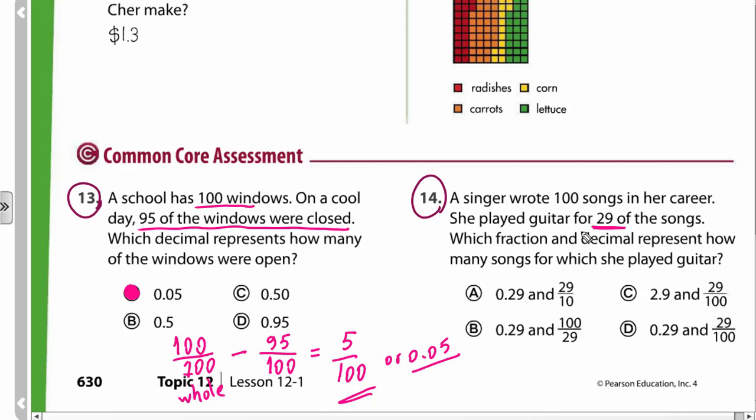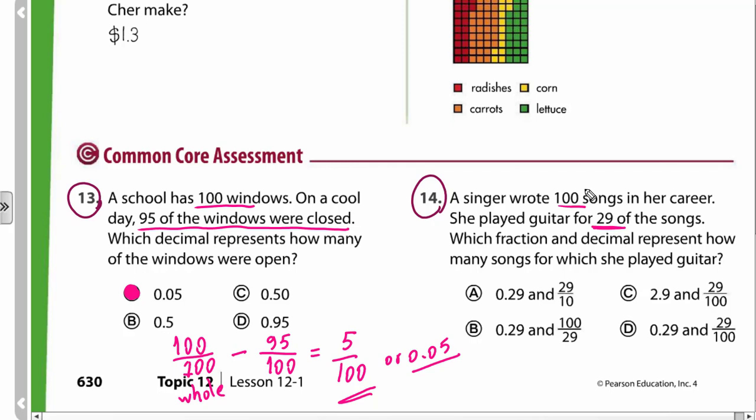Muhammad Jamal. Okay, go ahead. Question number 14. A singer wrote 100 songs in her career. She played guitar for 29 of the songs.